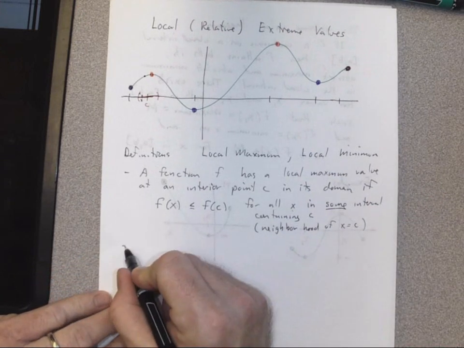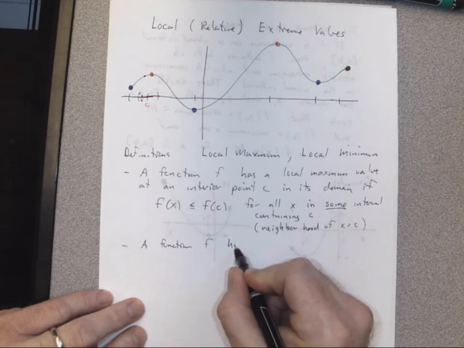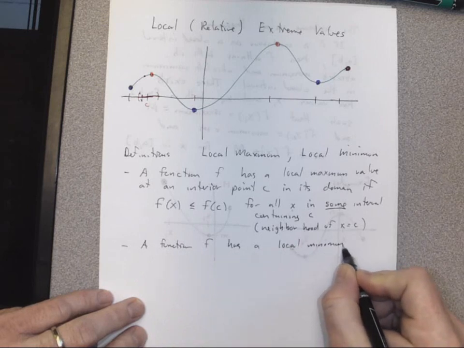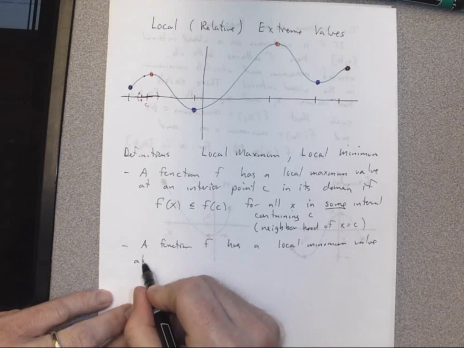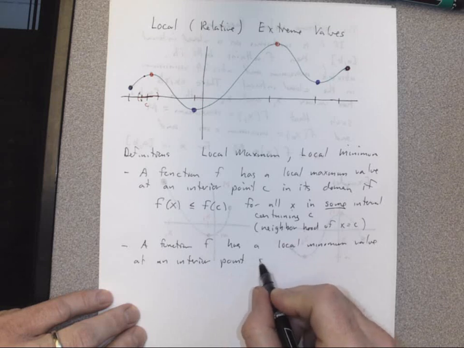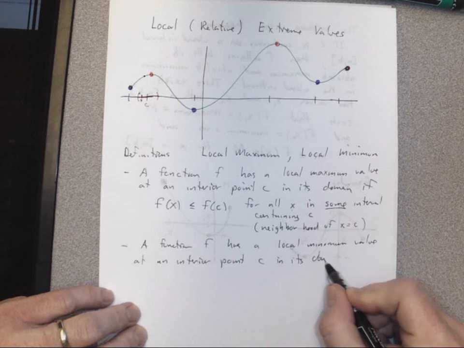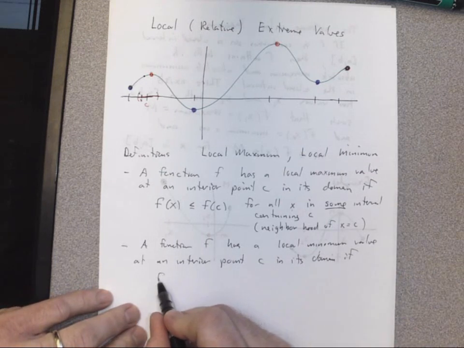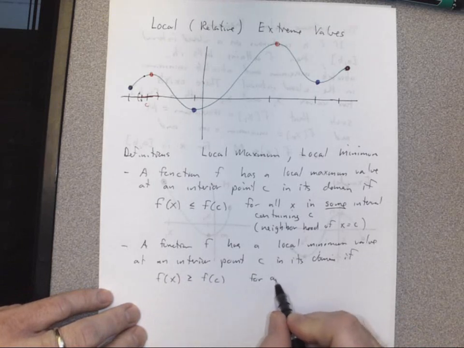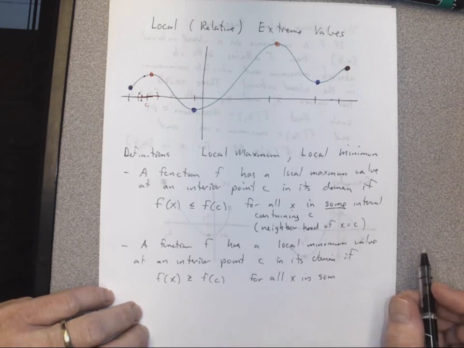For a very similar explanation, a function f has a local minimum value at an interior point c, x equals c, in its domain, if f of x is greater than or equal to f of c for all x in some, I should say open interval.